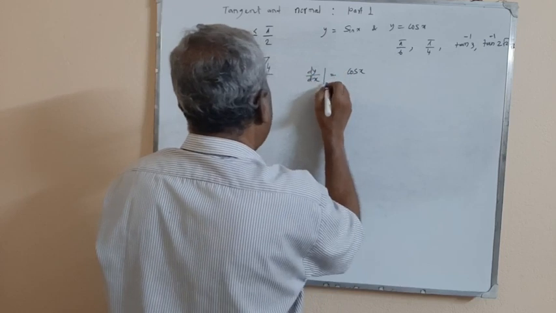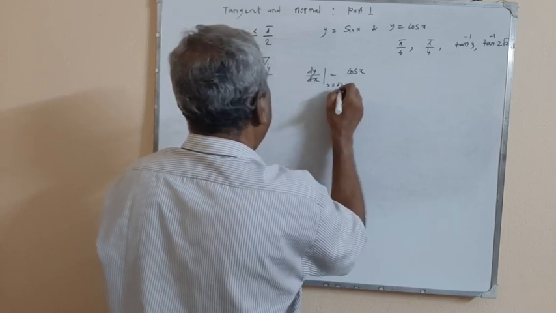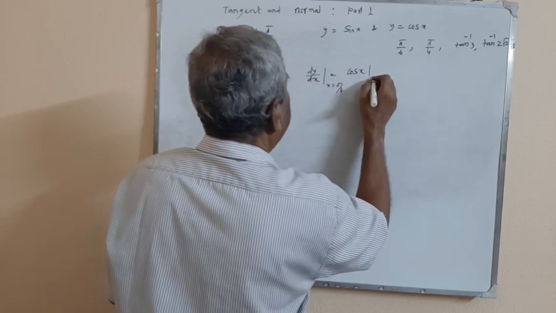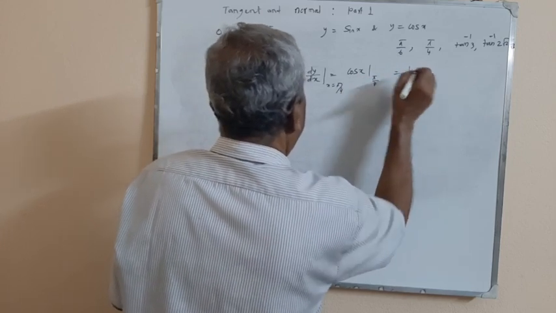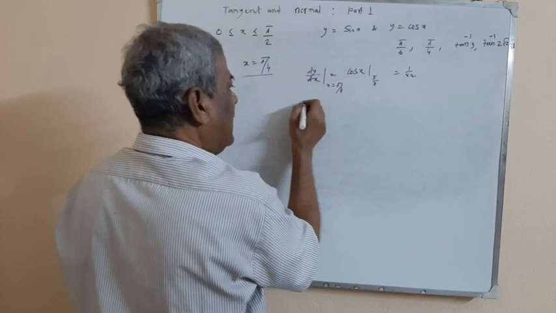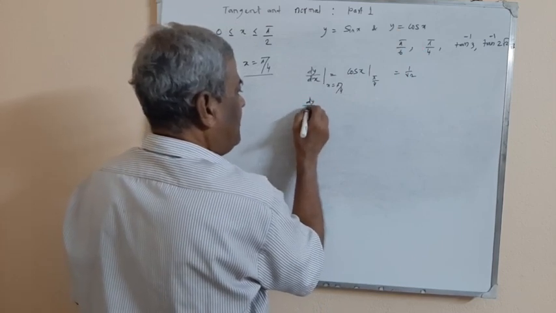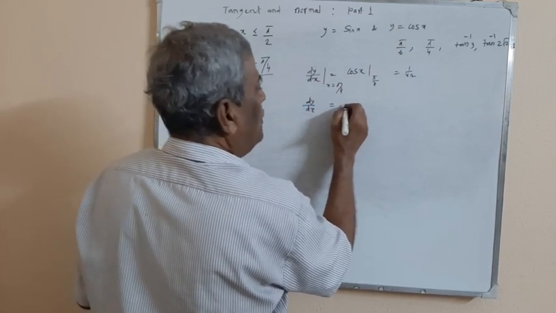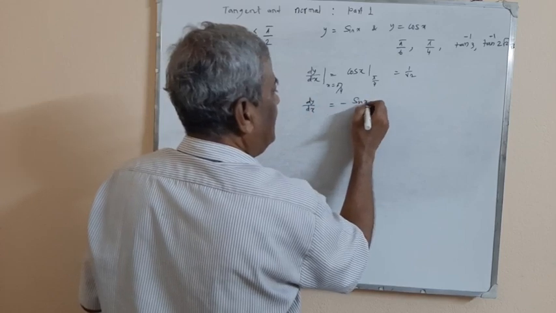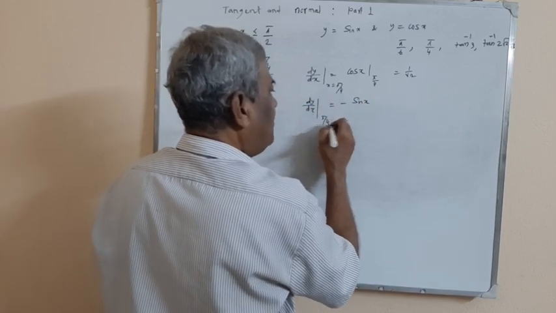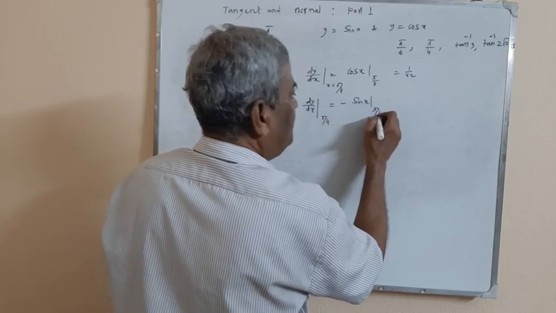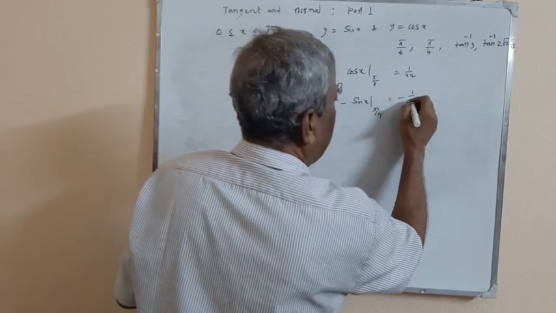So dy by dx at x is equal to pi by 4 is 1 by root 2. Now for the second curve, dy by dx is equal to minus sine x. So dy by dx at the point pi by 4 is minus 1 by root 2.